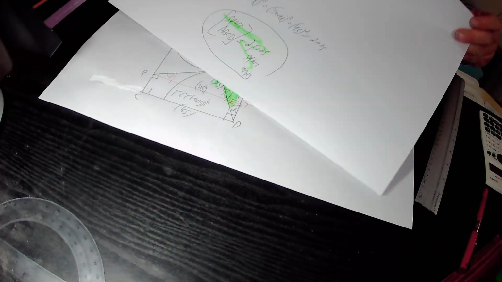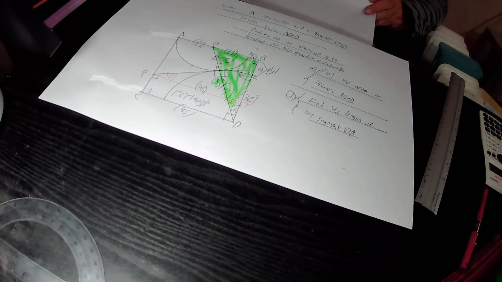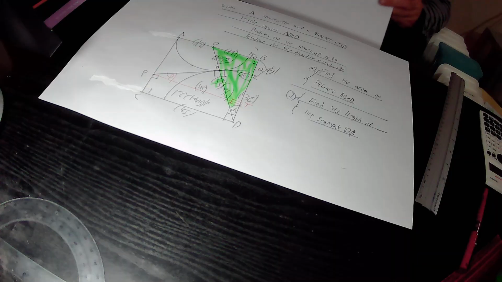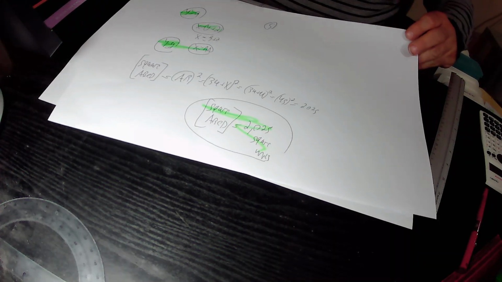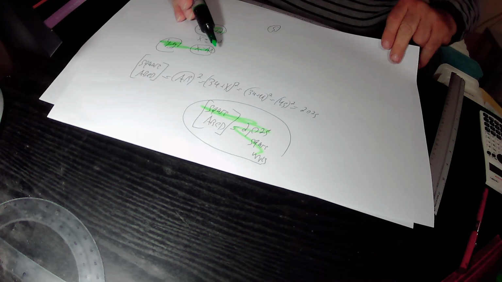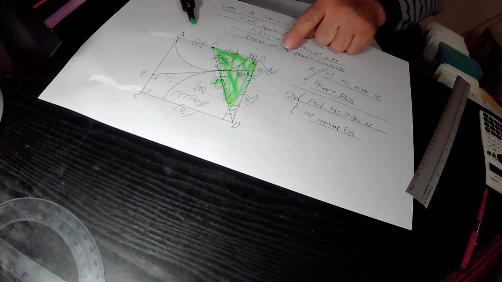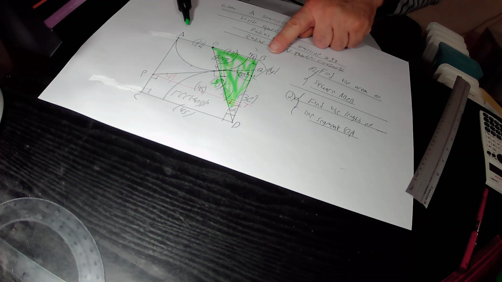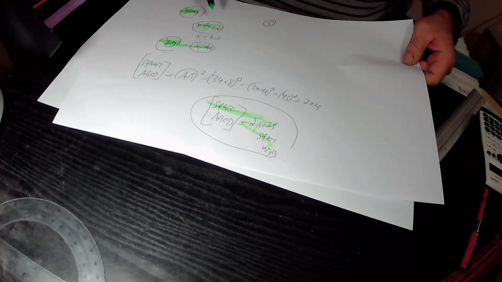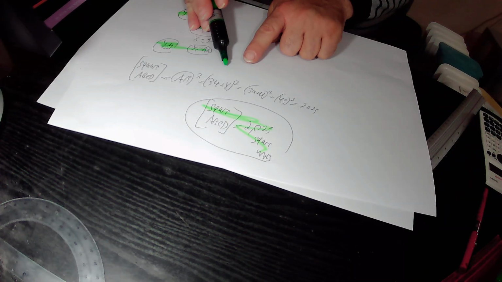And our task in the first part of this question is to find the area of this square ABCD. The area of square ABCD equals the length of one side squared. We choose side AB, so it is side AB squared. AB in total is 34 plus x, therefore AB squared is 34 plus x, squared.